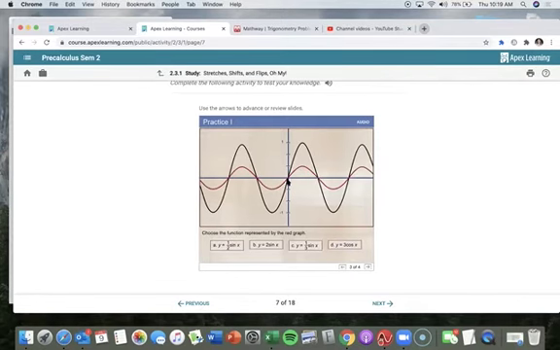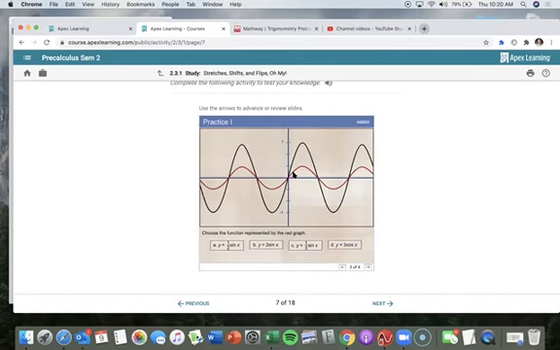Okay, so then if I look at the function, it says choose the function that's represented by the graph in red. My black one here is my parent function. If it starts at 0, that means we're dealing with a sine function. It's not shifted up or down.